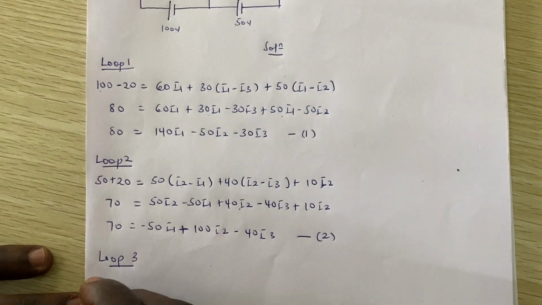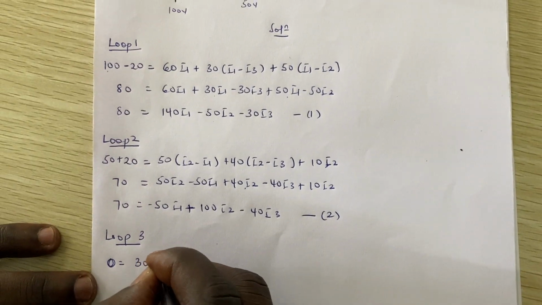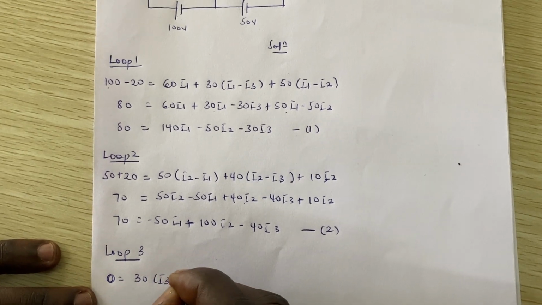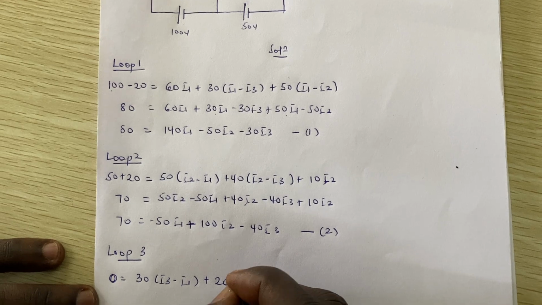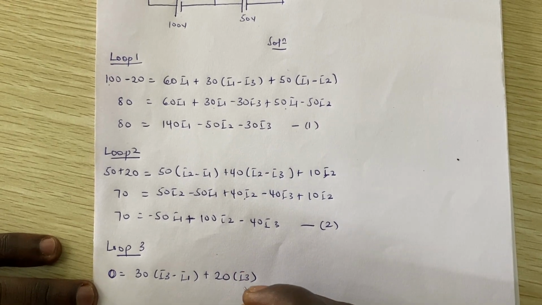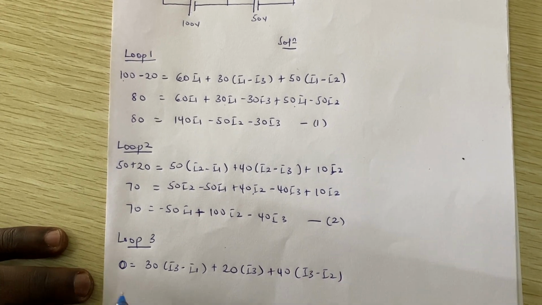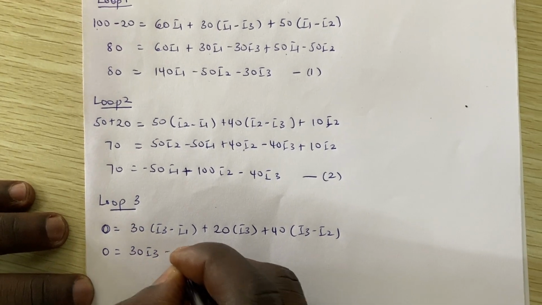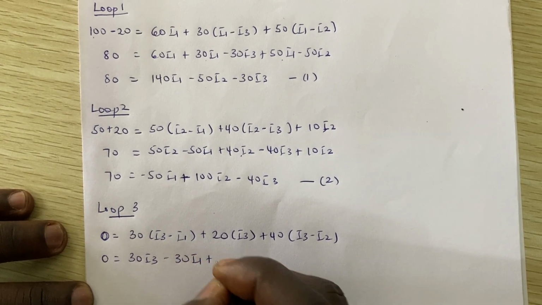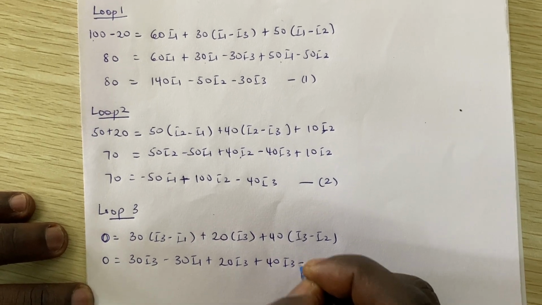So we are getting 0 is equal to 30 (I3 minus I1) plus 20 I3 because that's the only current passing through the 20 ohms, and similarly 40 (I3 minus I2), right?